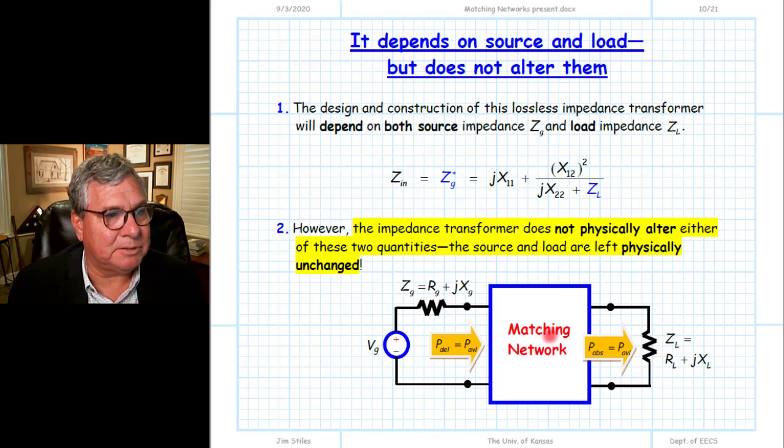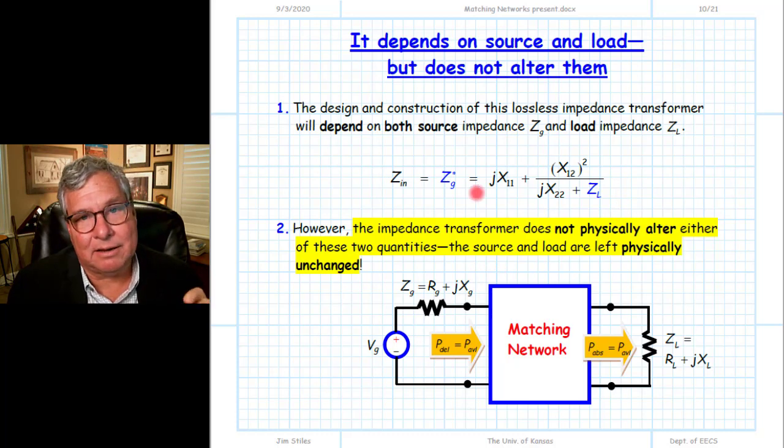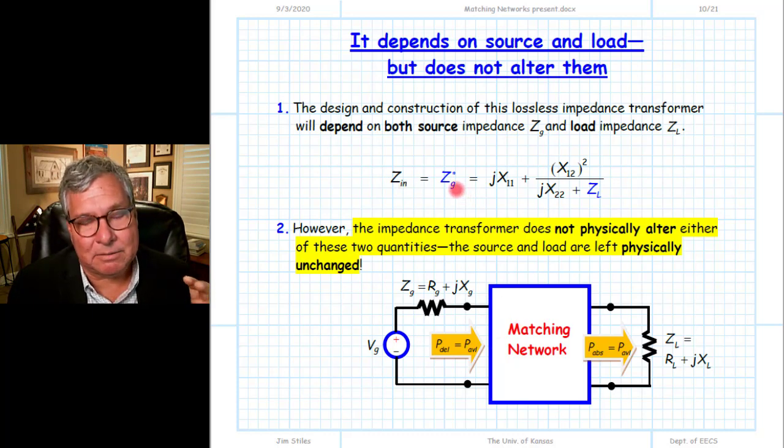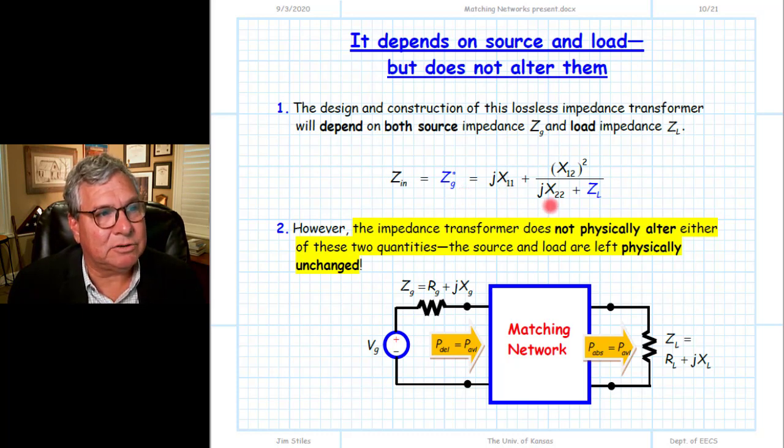If the transimpedance parameters of the matching network don't satisfy this equation, they will not create a conjugate match here at the input of the matching network. The input impedance will not be equal to the complex conjugate of the source impedance, unless the transimpedance parameters satisfy this equation.